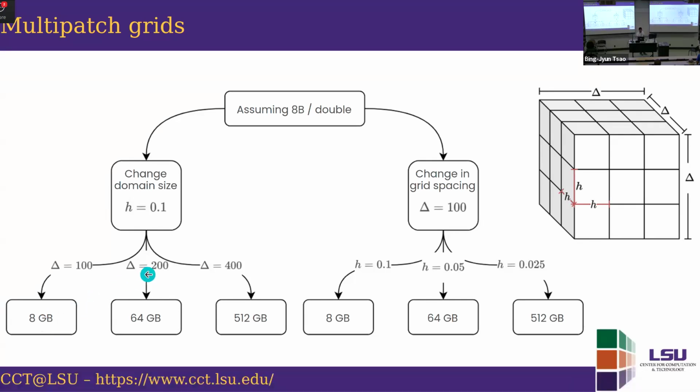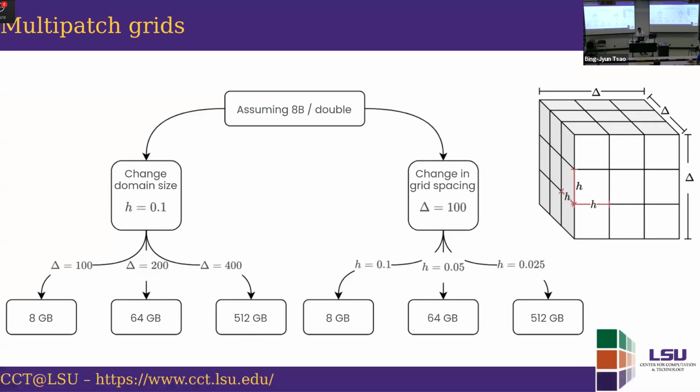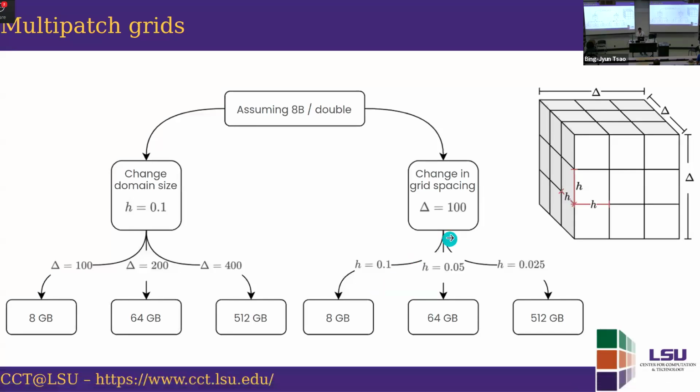But if you start doubling down on your grid extents, you start to get exponential increases in the memory requirement, right? And that also happens for resolution requirement, right? So suppose that now your grid has a fixed size, but you're increasing your resolution, which is also something that we want to do for various reasons, right?